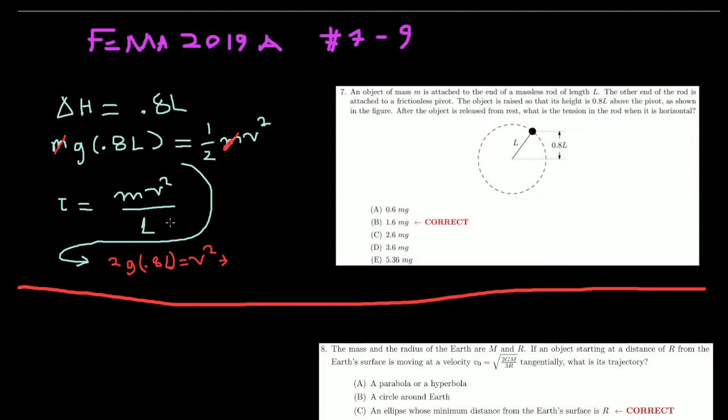So then we just plug that in to the equation for centripetal force. You get m 2g 0.8 L over L. So our L cancels out, and now we're just left with 2 times 0.8, which is going to be 1.6, and then mg.